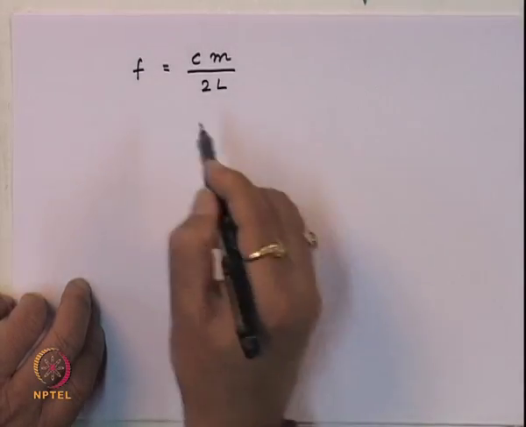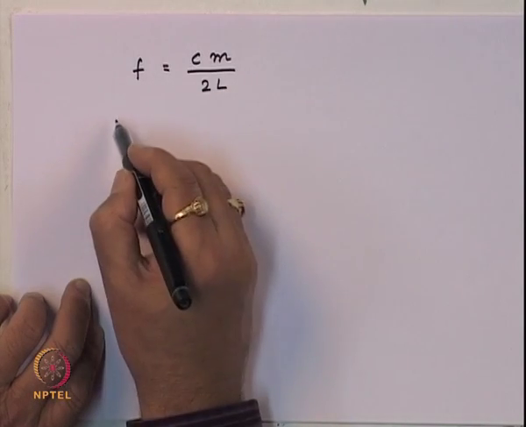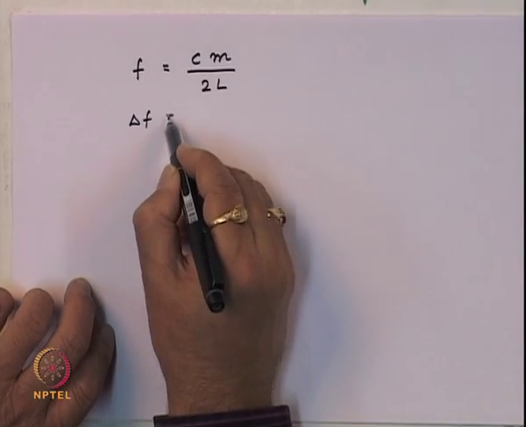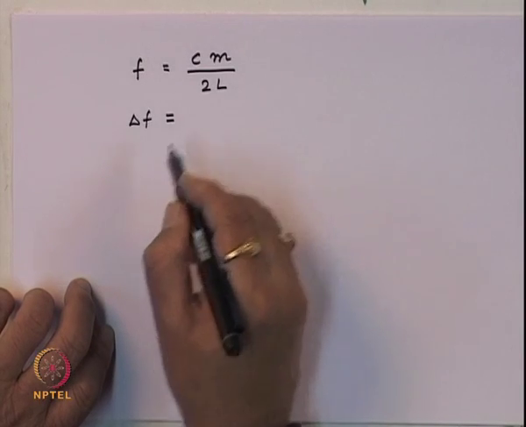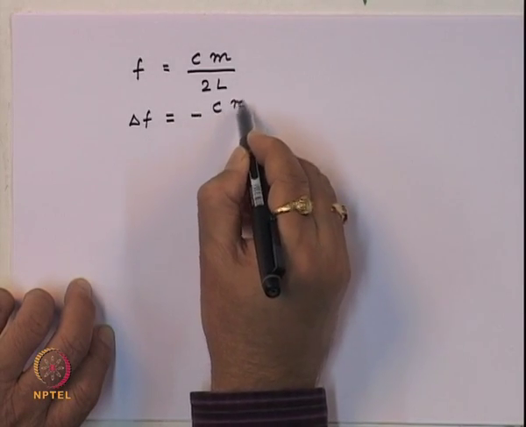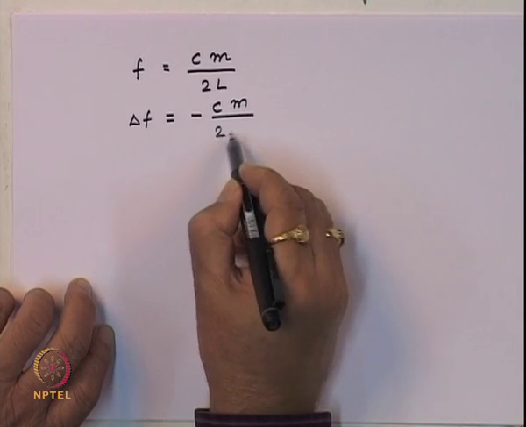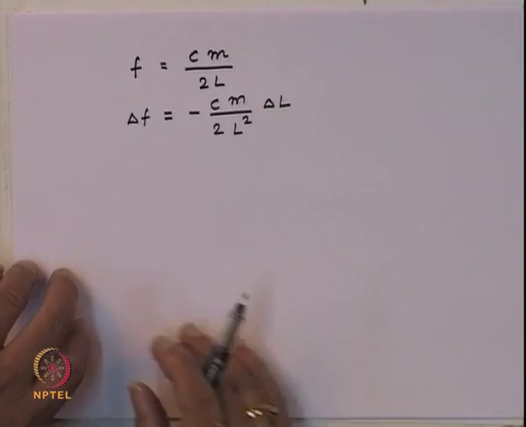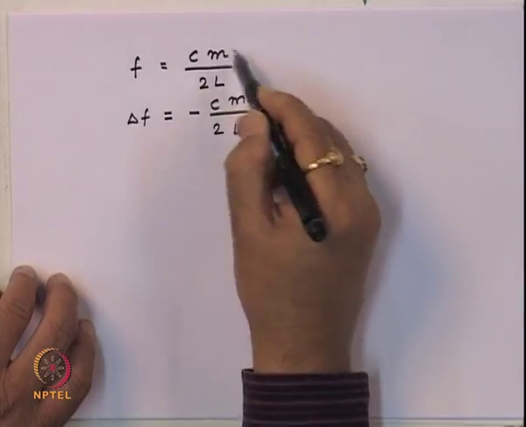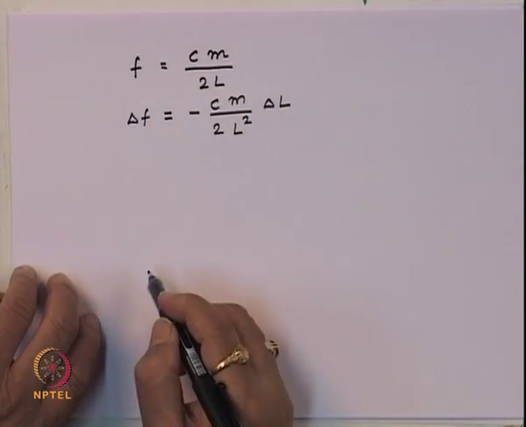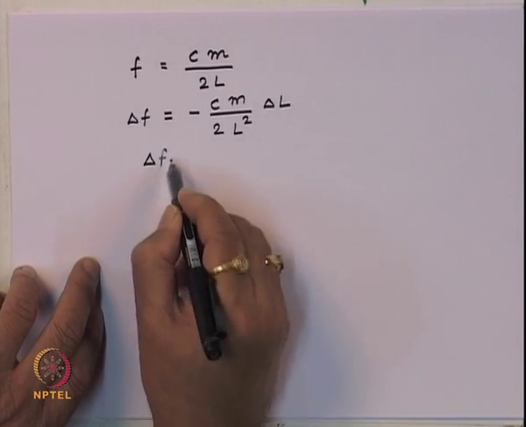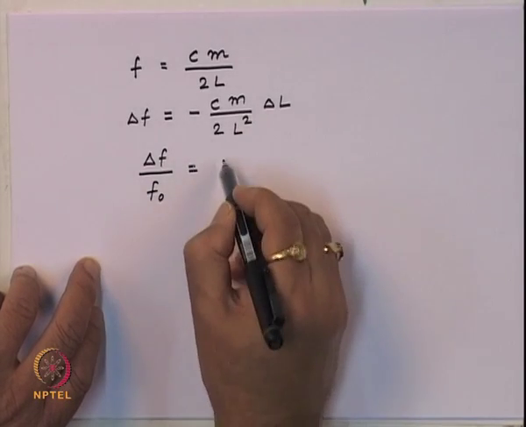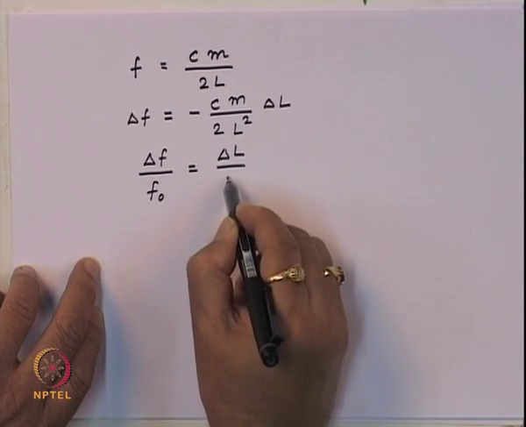So, we can ask for the deviation in frequency as a function of L. So, if I ask how much delta f is going to be because of a change in the length, this will be minus c m divided by 2 L square multiplied by delta L. But this quantity again can be substituted for the center frequency of the laser. So, this gives delta f divided by the center frequency of the laser f naught, which is equal to delta L divided by L.